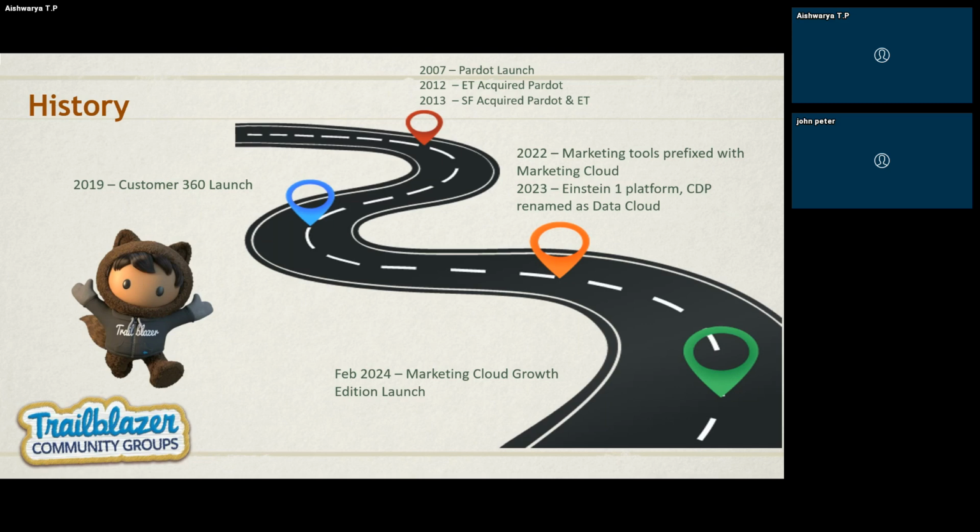Then in 2022, all the marketing tools, that is Pardot and Salesforce Marketing Cloud, both of them were given the prefix Marketing Cloud. Initially SFMC, Salesforce Marketing Cloud, was there, but Pardot was also a marketing tool, and they considered both of them the same kind of product, so they gave them the same prefix.